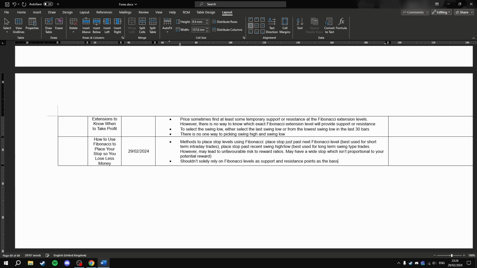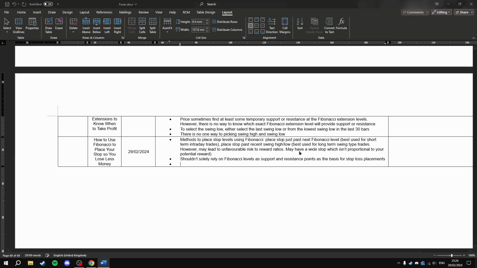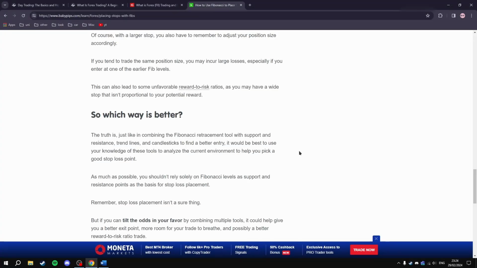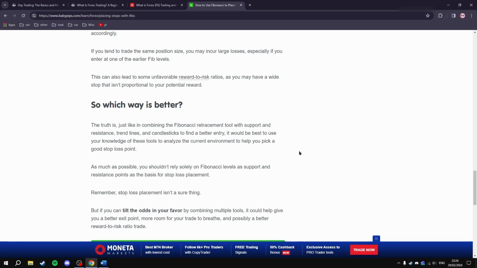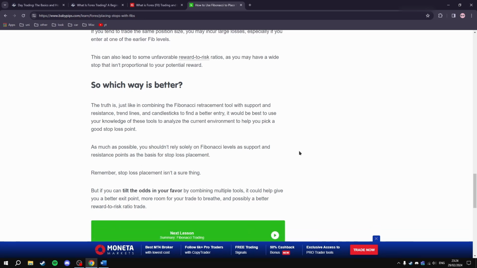Remember, stop loss placement isn't a sure thing, but if you can tilt the odds in your favour by combining multiple tools, it could give you better exit points, more room for your trade to breathe, and possibly a better reward to risk ratio trade.